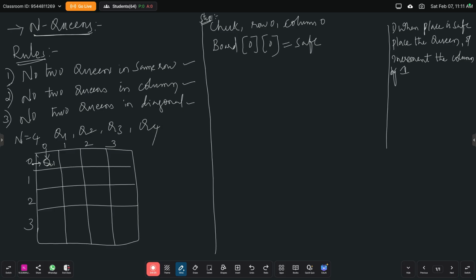Why are we incrementing the column, not the row? What is our second rule? No two queens should place in the same column. So here one queen is placed in the 0th column, so we cannot place any more queens here. That's why we are directly incrementing our column by 1.